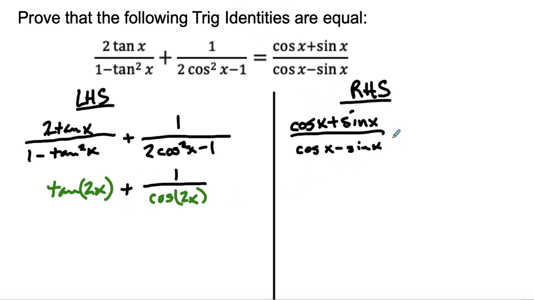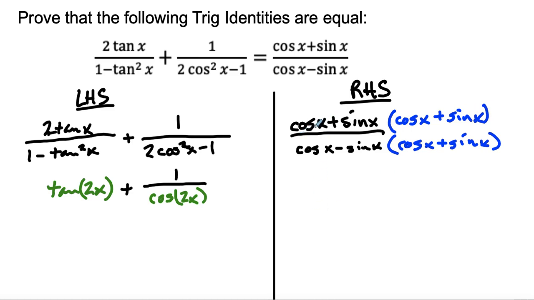Well, what I'm going to do here is multiply. I know that if I have difference of squares, it's going to give me cosine squared x minus sine squared x. So I'm going to multiply by cosine x plus sine x so I can see what's happening here.